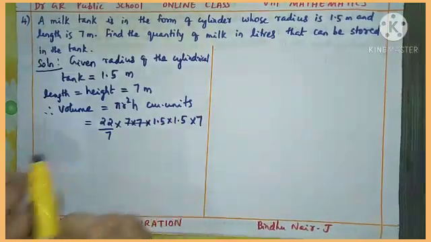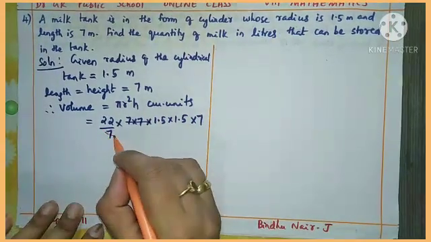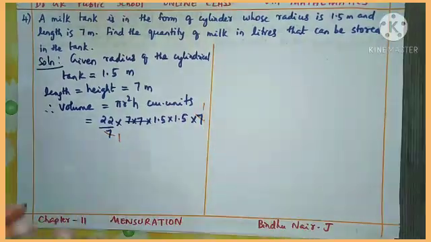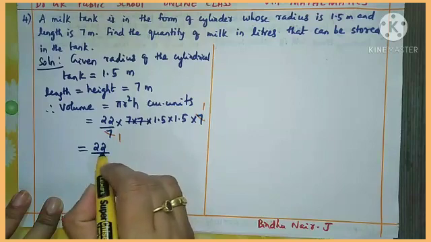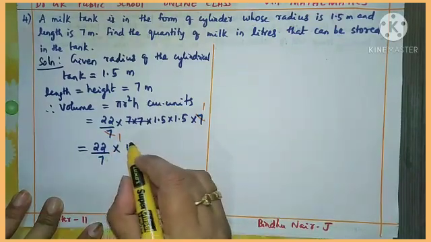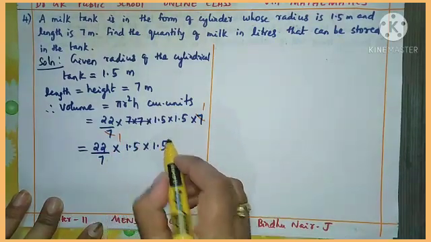Okay. Now you can see this 7 and 7 can be cancelled 1 time. So you will get the remaining quantity 22 by 7 into 1.5 into 1.5.